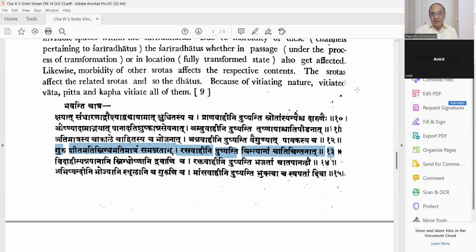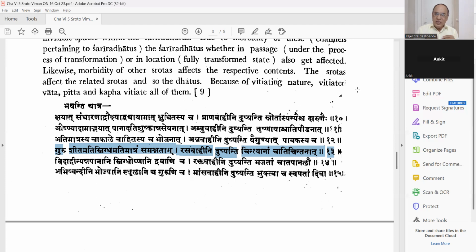Next is atisnigdha. Just now I have explained. Atisnigdha means fatty substances, where you are eating a lot of fried food. Please write down the word fried food. You take the oil, and especially whatever the hawkers are selling on the road, this food is always vidahi, because that oil they don't change. 3, 4, 5 times they go on frying that vada pav and the noodles and all these things. That is called snigdha.